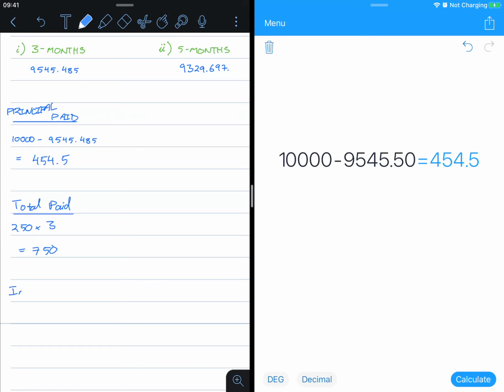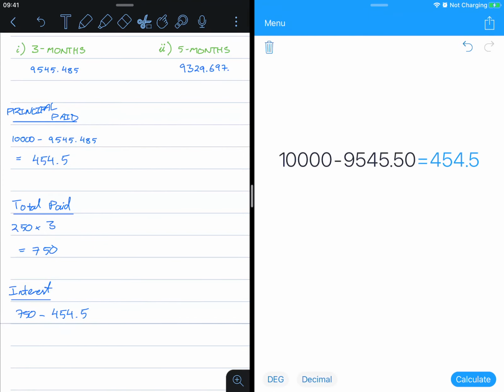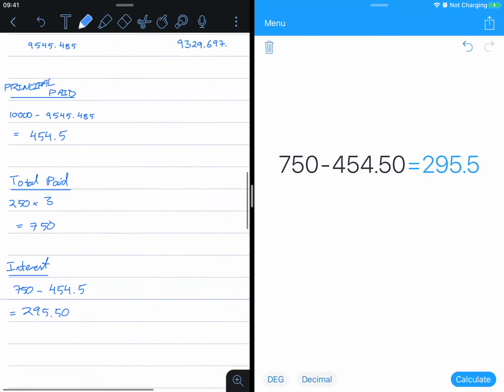Well, the interest on this, it's $750 take away how much they've actually reduced the loan by. So $750 take away 454.50. So they've paid in interest $295.50. That's to the nearest 10 cent.